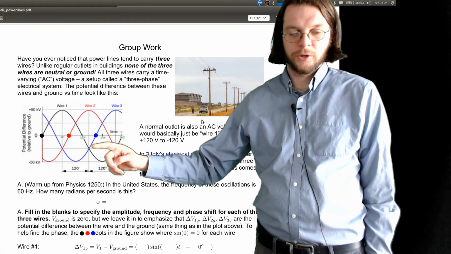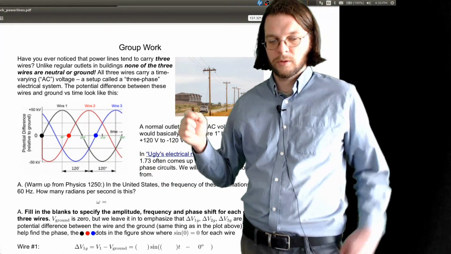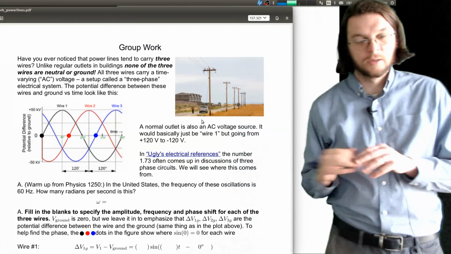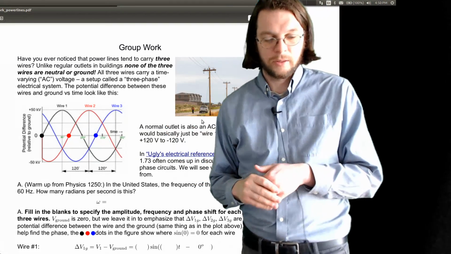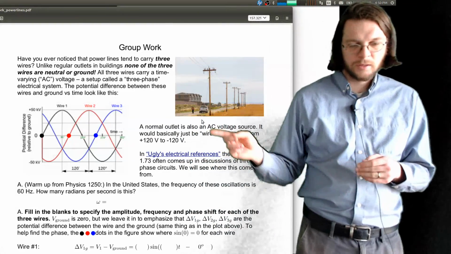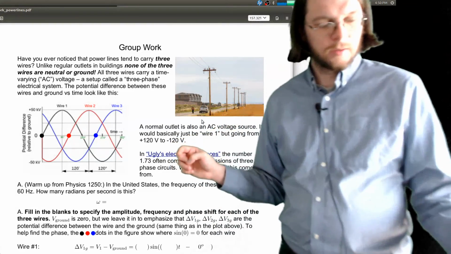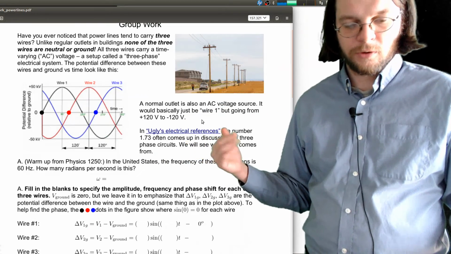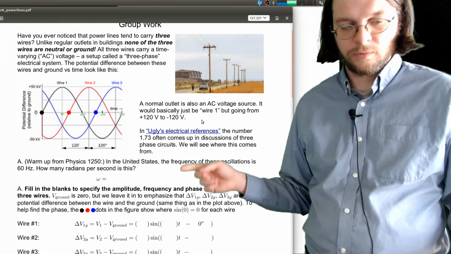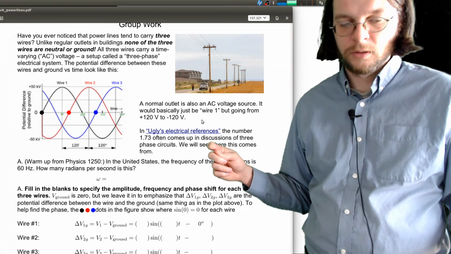So this is a larger voltage difference, and it's the voltage difference between 2 wires instead of just 1 wire and the ground. Anyway, that's a long story. So this is a smart thing to do, and you'll see how, when you subtract these 2 wires together, this factor of 1.73 comes from.